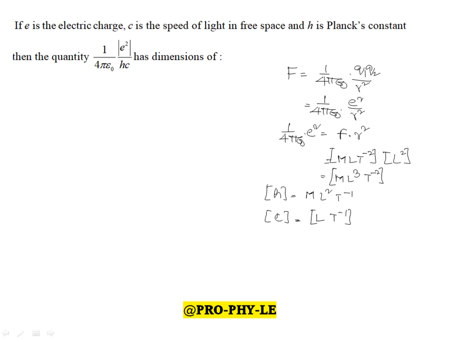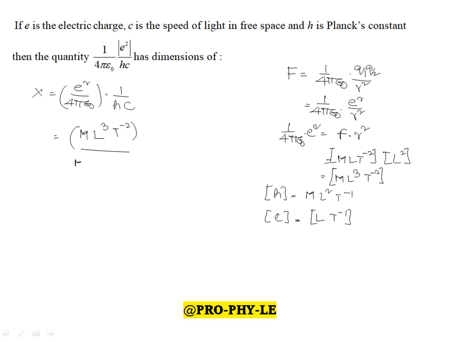Now I'll go with this physical quantity. Assume that x is equal to e square by 4 pi epsilon naught into 1 by h into c. So what is the dimensional formula for e square by 4 pi epsilon naught? That is M L cube T power of minus 2 by h into c.